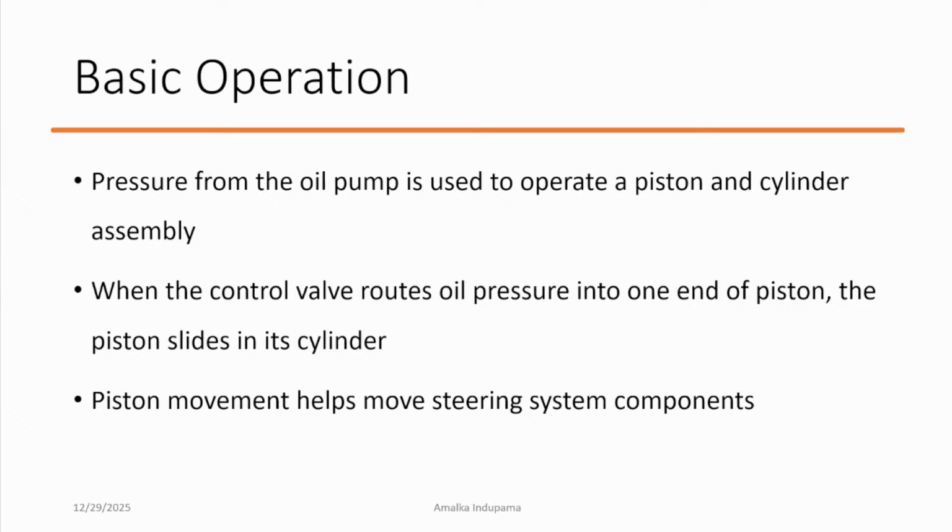The power steering pump develops the pressure required. That hydraulic pressure is directed to the double acting cylinder, which controls the direction or angle of rotation. That is the simple working principle of the hydraulic power assisted steering system, right?